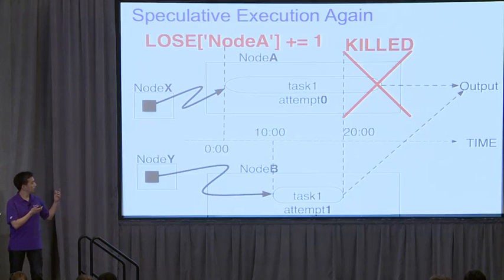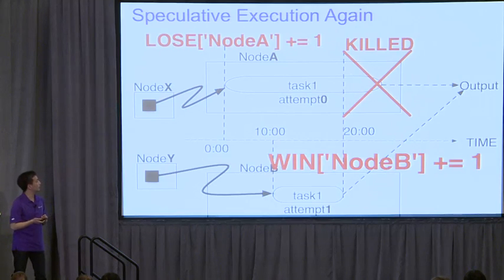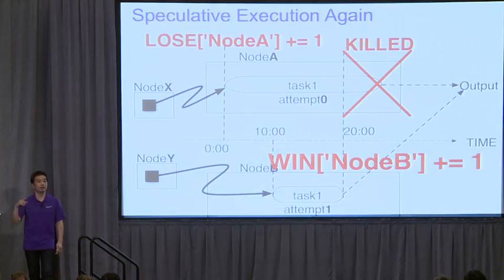However, to take out these false positives, I also count how many times node B won. On node B, the speculative task started much later than the original task and finished much faster than the original task. So it tells me something about node B being very good. There's not much science in this, it's just counting.